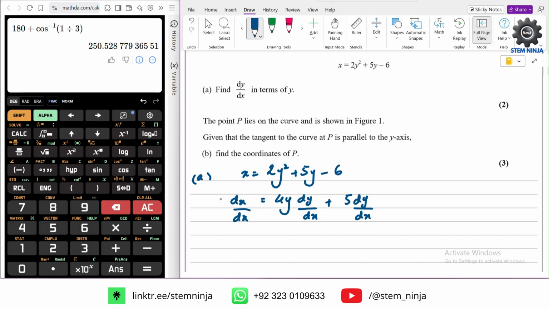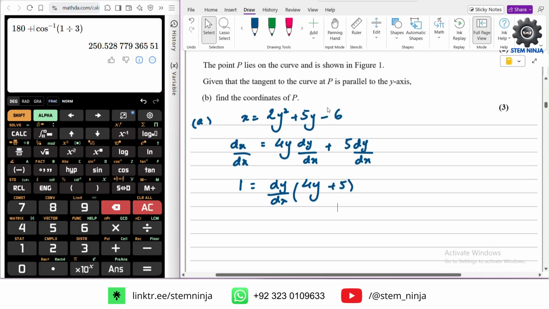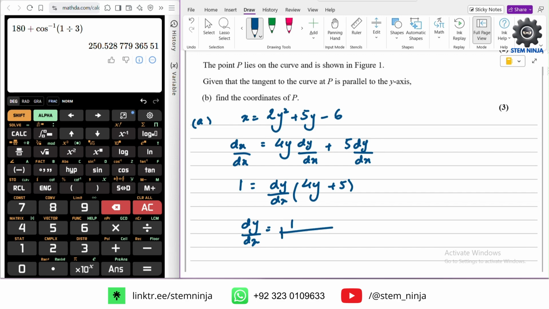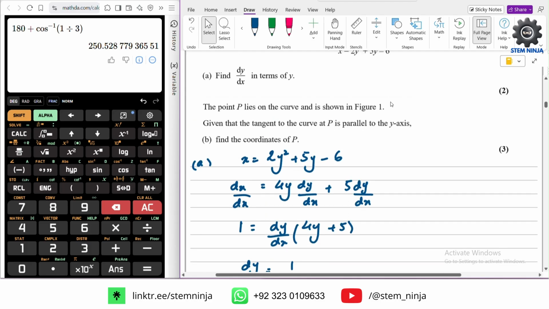So basically this is going to be 1 equals dy by dx multiplied by 4y plus 5. So dy by dx would be 1 over 4y plus 5.